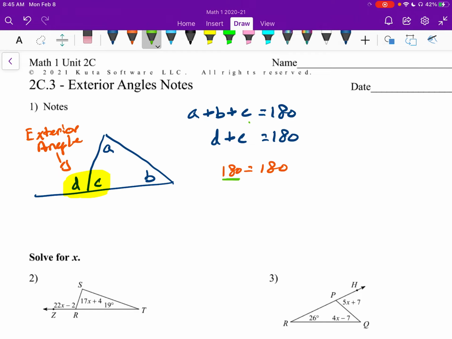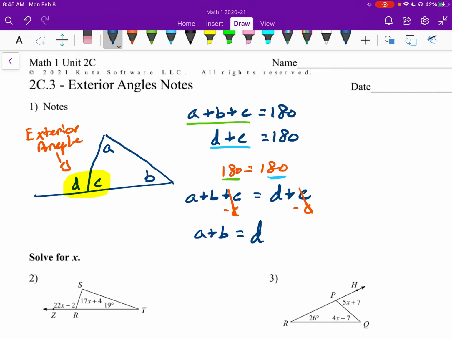So this is equal to this, and this is equal to this. So I could say A plus B plus C equals D plus C. Now if I subtract C from both sides, that just cancels them out, and I have A plus B equals D.